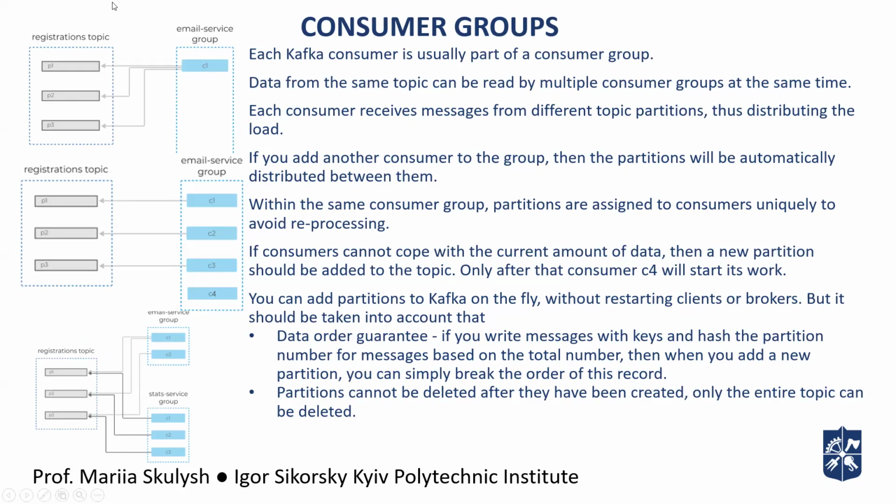This example is possible. In the second one, one consumer works with different partitions. One consumer, one partition. If we have three partitions and four consumers, one consumer will not have a job.